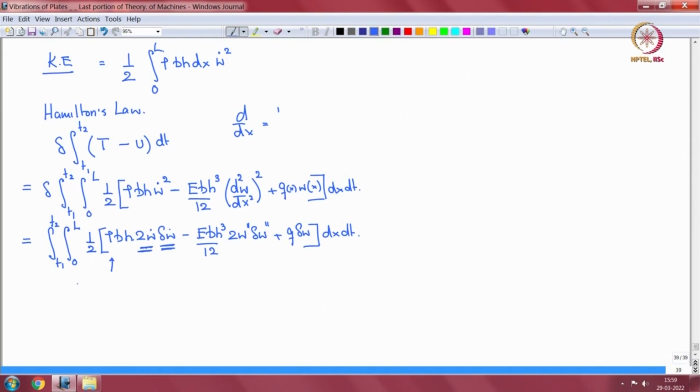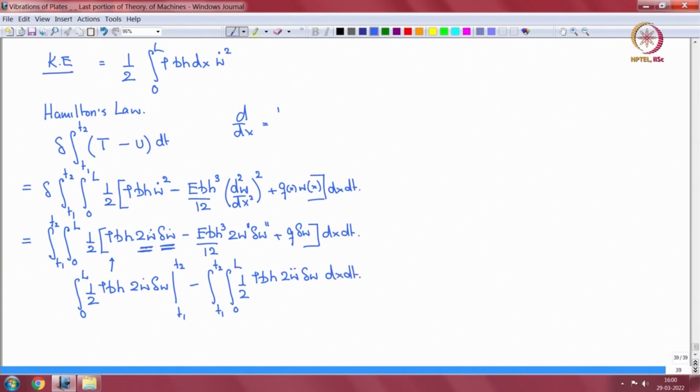This term we integrate with time, so I get integral 0 to L, 1/2 rho B H twice W dot delta W from T1 to T2, minus integral T1 to T2, integral 0 to L, 1/2 rho B H twice W double dot delta W dx dt.